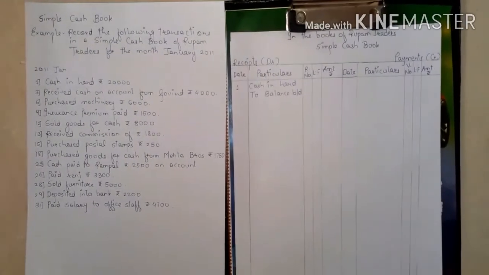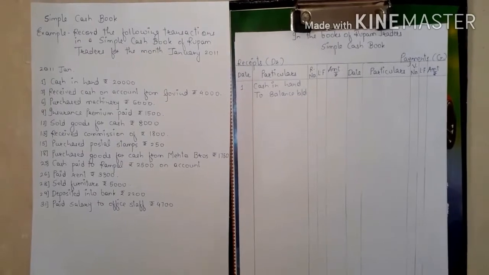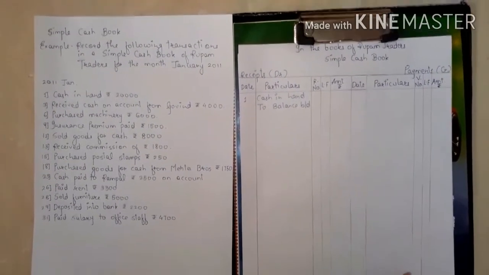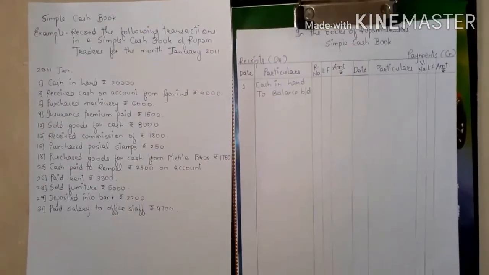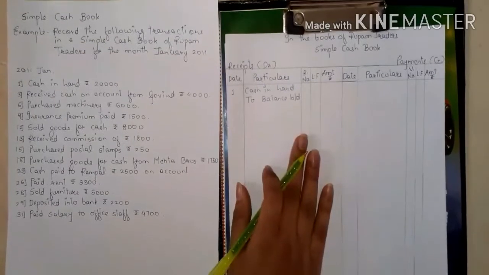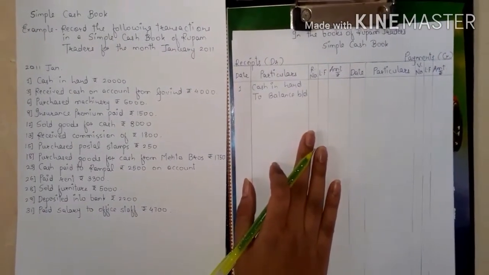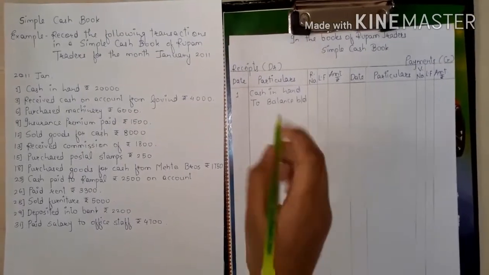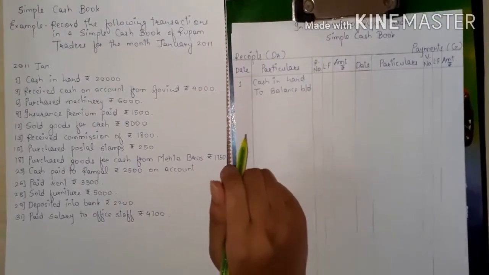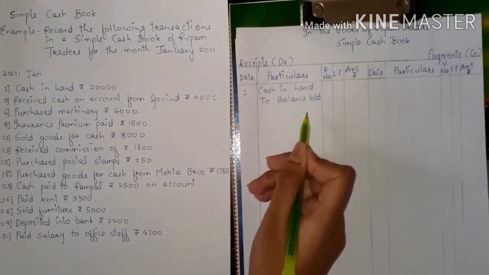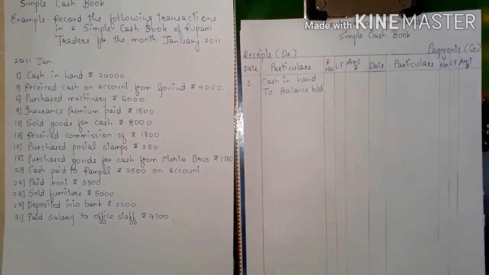So this is the accurate term you can write down in your simple cash book. Cash in hand is also correct, but if you are writing it as a commerce student or in terms of accounting, then you have to write here to balance brought down. This is the most appropriate term you can write down in any cash book.